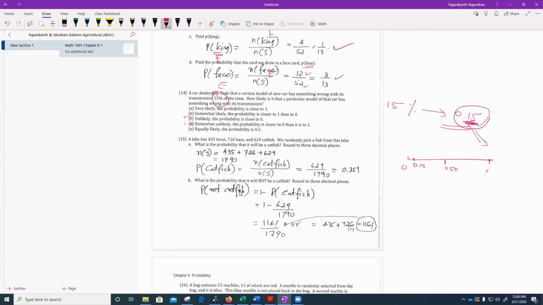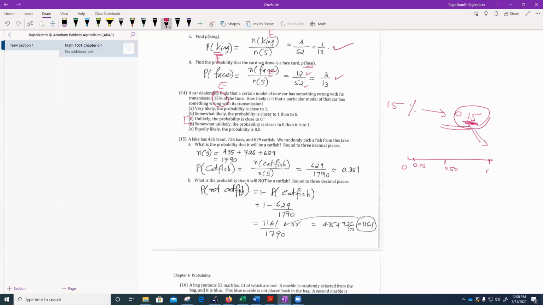But if you look at these two answers, which one is most suitable? 0.15 is much closer to 0, am I right? So that means this is the correct one. Unlikely, we saw the probability is very close to 0.